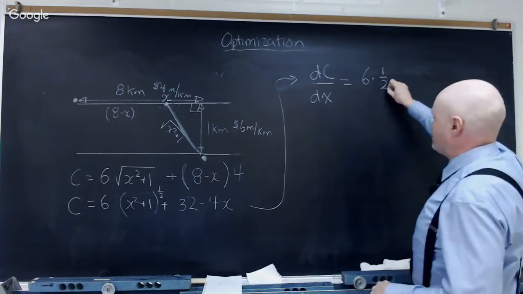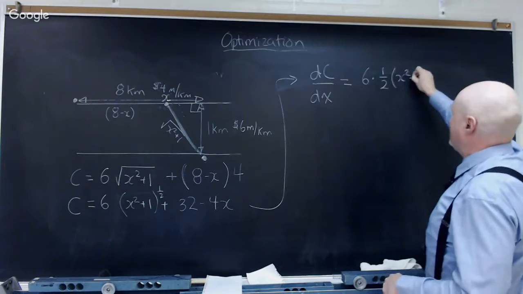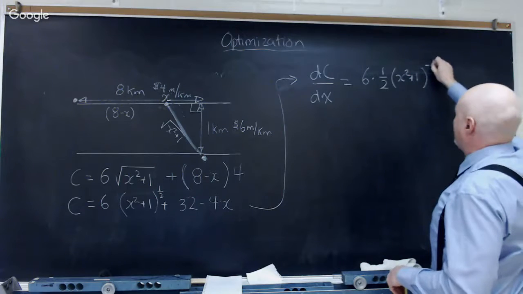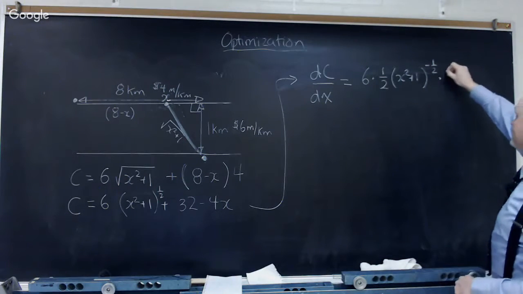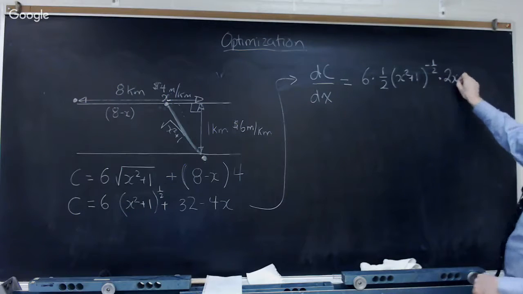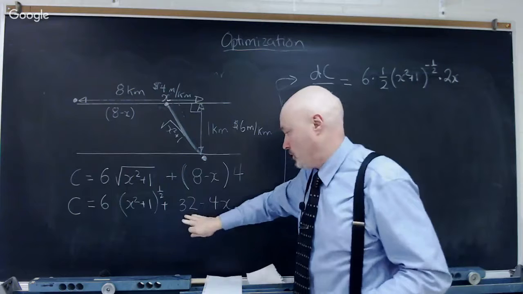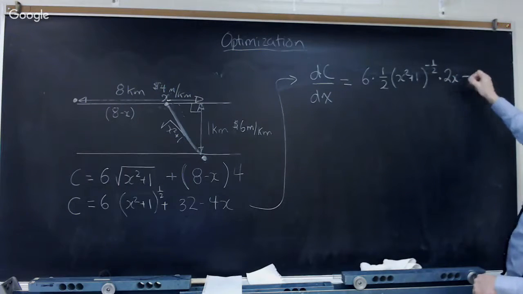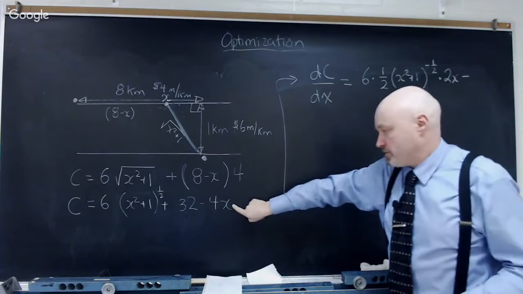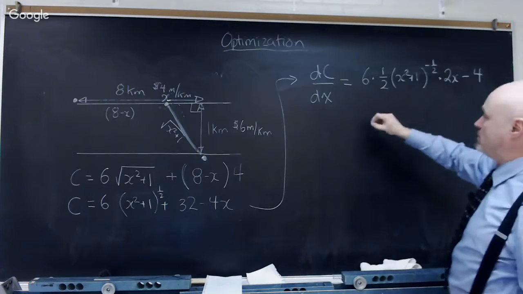So the derivative of the outside, I just use the power rule, and I'm going to multiply it by the derivative of the inside. The derivative of 32 is nothing, it doesn't change. And the derivative of negative 4x is just negative 4.